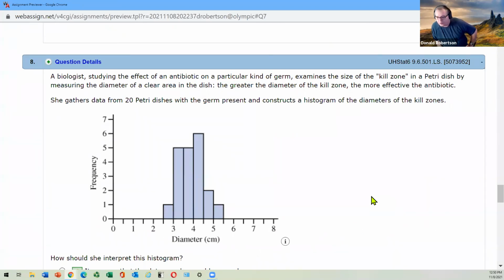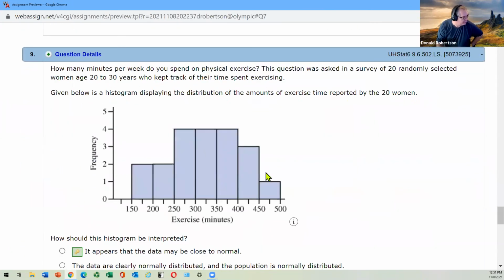So you might think, what on earth does normal look like? Shouldn't it be a nice, perfect bell shape? Well, yeah, we would love that. But as long as it's approximately normal. Approximately normal. High in the middle, low in the ends. That's all you need. High in the middle, low in the ends. So as bad as that looks, that would count as approximately normal.